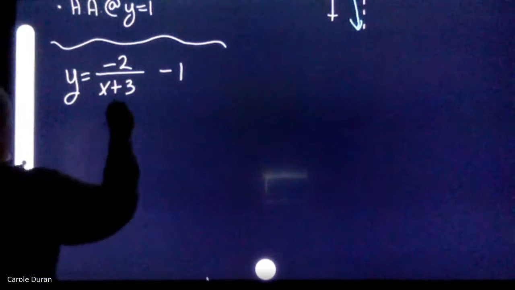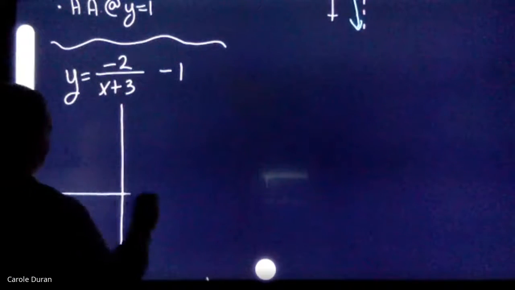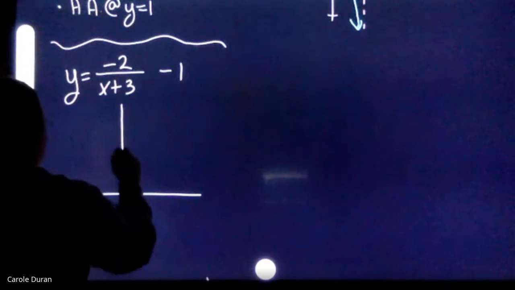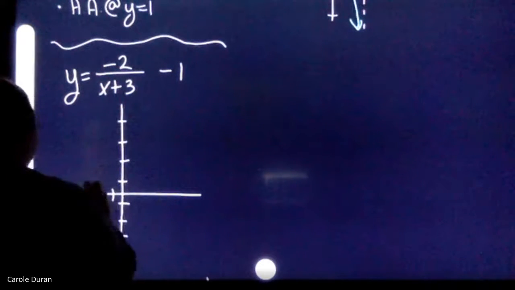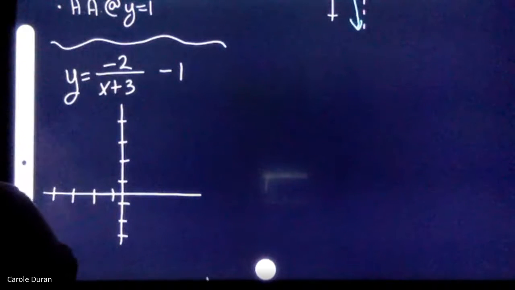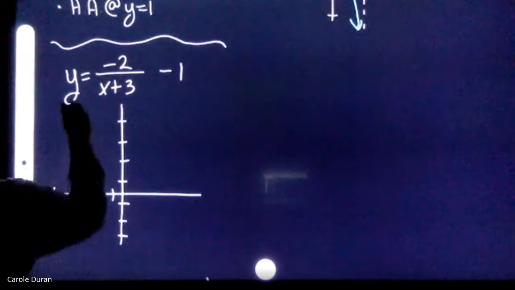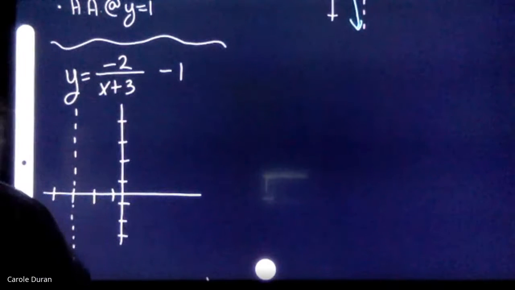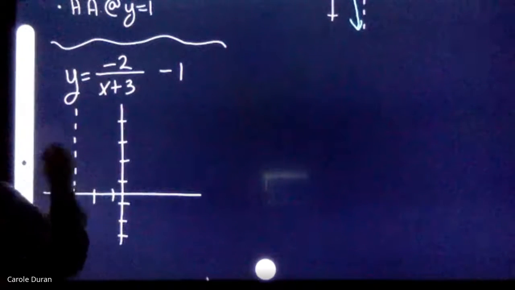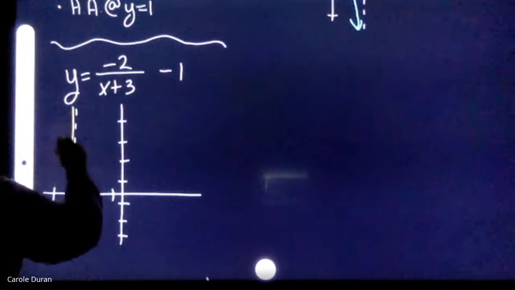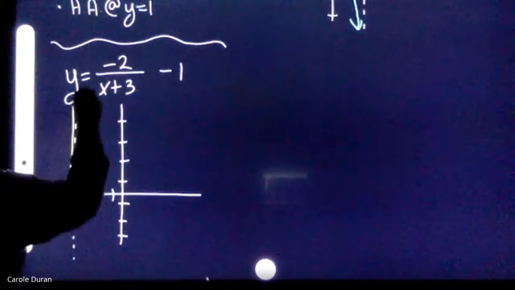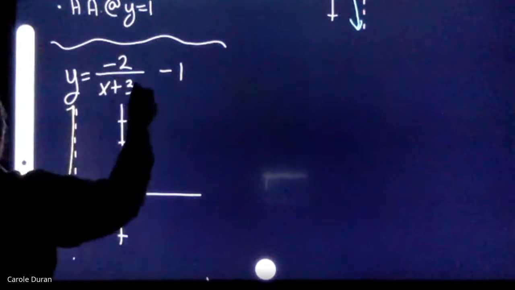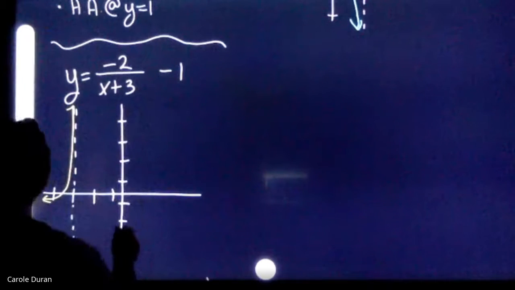And when I draw the graph, this is kind of what our graph is looking like. Give me a second.